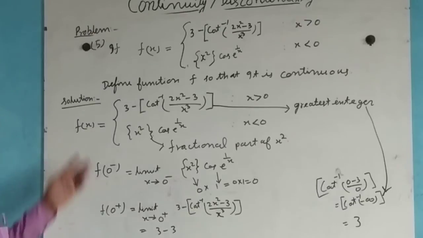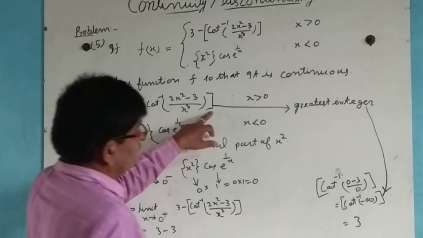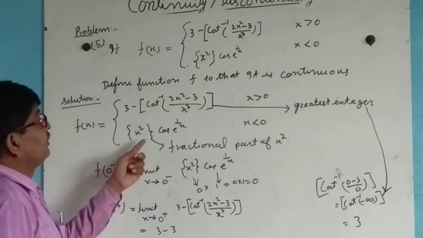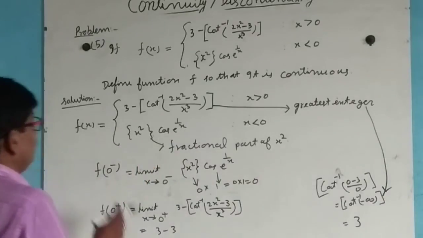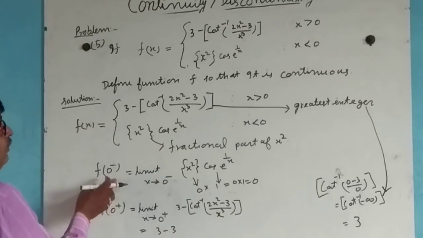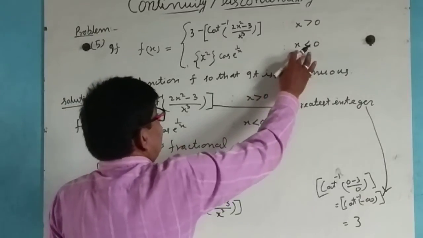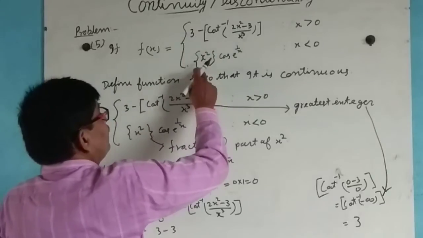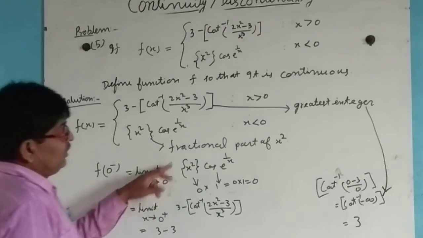Now f(x) is equal to the given functions. This is the greatest integer notation, and this is the fractional part of x square. Now f(0 minus): we take x less than 0, so we take the function f(x) equal to x square cos e to the power 1 by x.